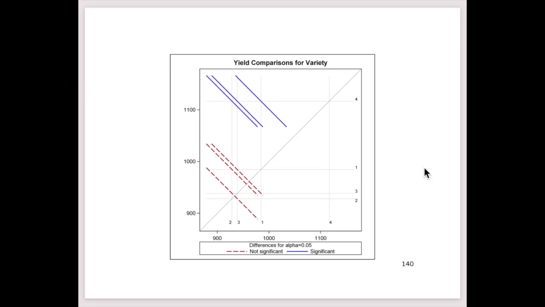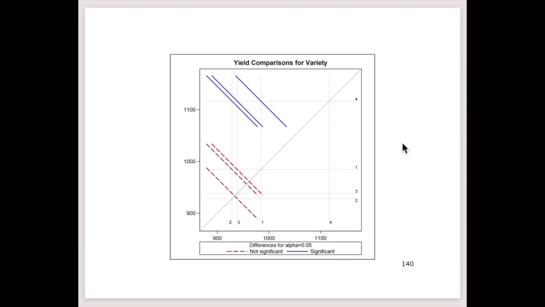But if you have lots of pairwise comparisons, this can get somewhat busy. For this small number of comparisons, the 6 comparisons, it very nicely summarizes the overall results.